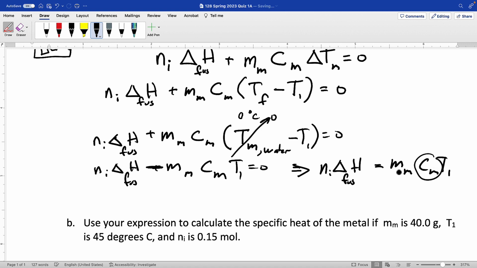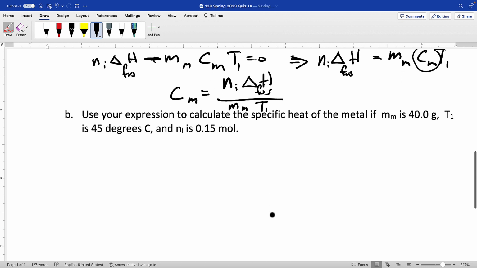So we're going to divide both sides by M and T. So we get the specific heat of the metal is equal to N ice delta H fusion all over the mass of the metal and the initial temperature of the metal. All right, and we'll go ahead and check the units when we do the second part here.